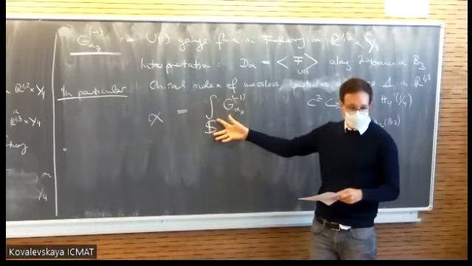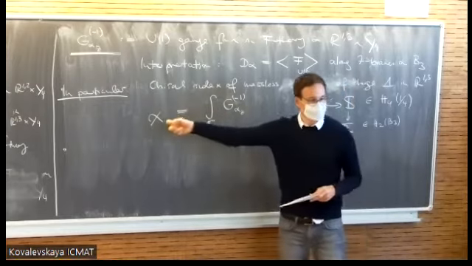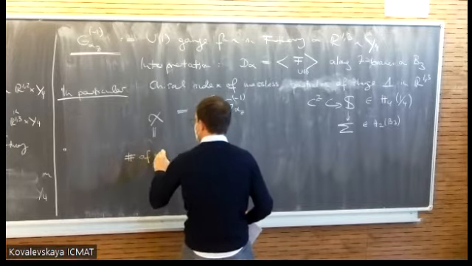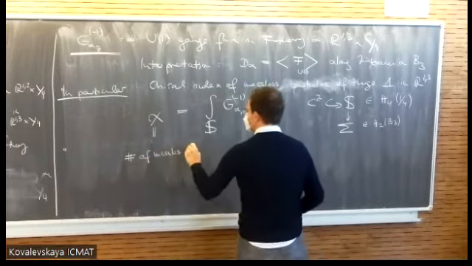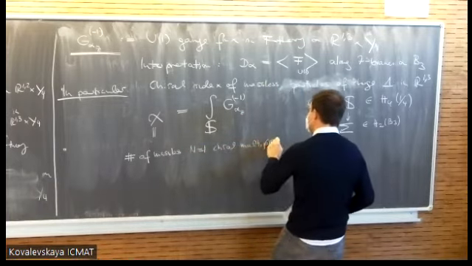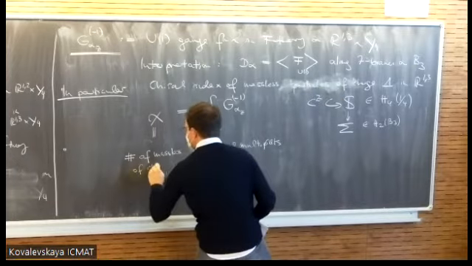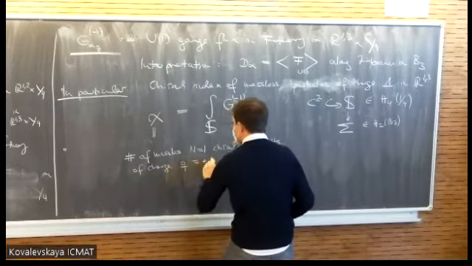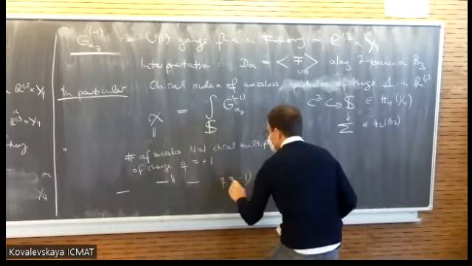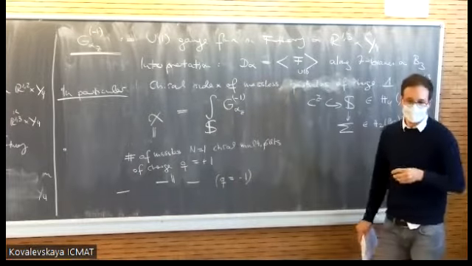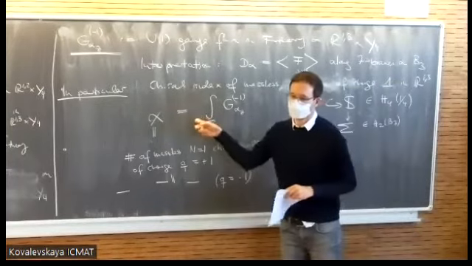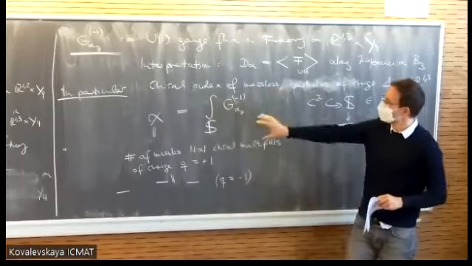That gives a number, and this gives the number of massless fermions, or N equal 1 chiral multiplets of charge Q equals +1 minus the number of everything here of charge Q equals -1. So the chiral index. In the standard model, the chiral index is 3. So this is how this object is encoded in the interplay of geometry and flux.